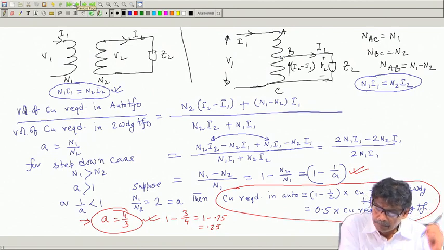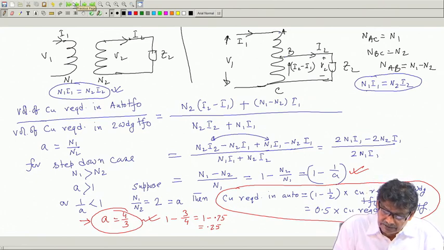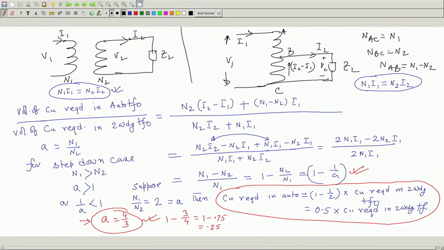So, savings of copper can be easily found out by subtracting these two, but the point is that this ratio is 1 minus 1 by A. Copper required in an auto transformer is 1 minus 1 by A, where A is N 1 by N 2.